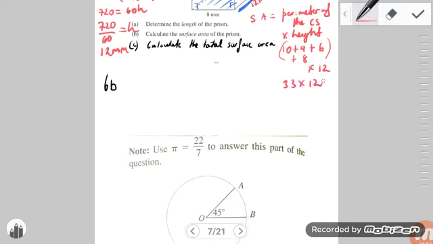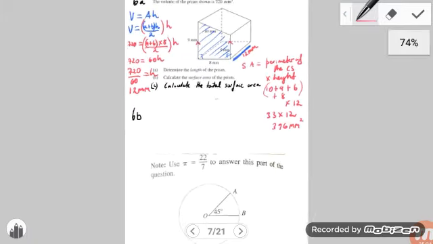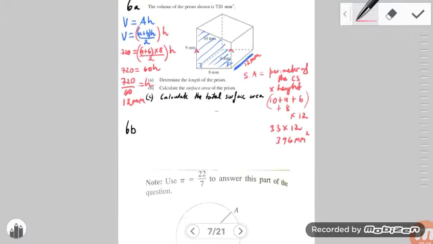And so 33 times 12, I believe, if I multiply this correctly, I should get 366 or 348, I'm sorry. So 33 times 12, well, it's actually 396. My math is not very good. How ironic. So that's 396. We're looking for surface area, so it's squared millimeters. And that's the surface area. It's just the perimeter of the cross section multiplied by the height of the prism.